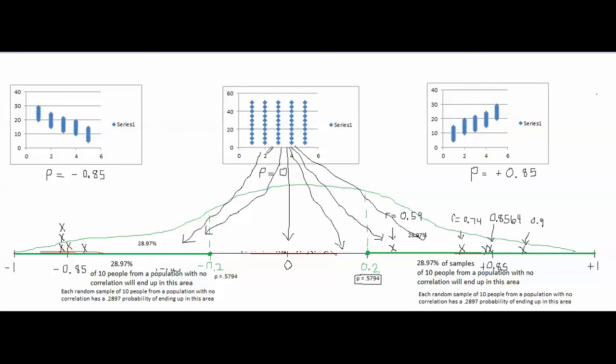And that means that each of these samples of 10 people has a 0.2897 probability of ending up out here, and a 0.2897 probability of ending up out here.